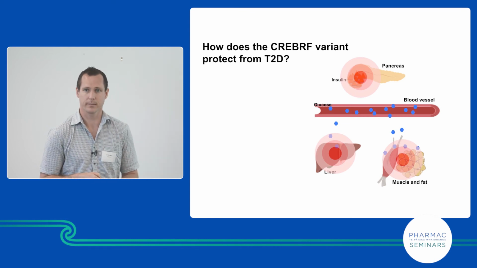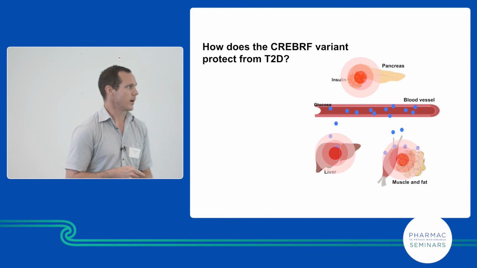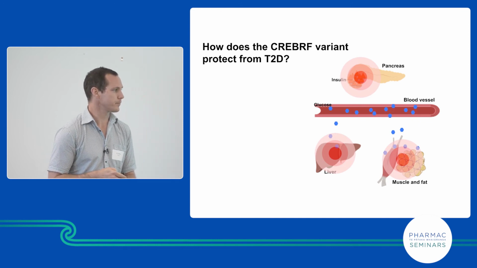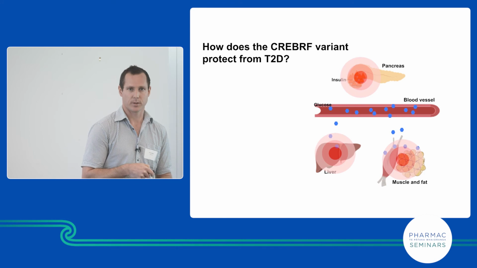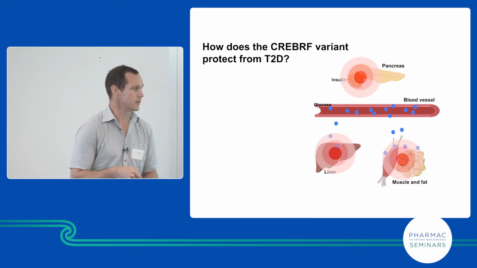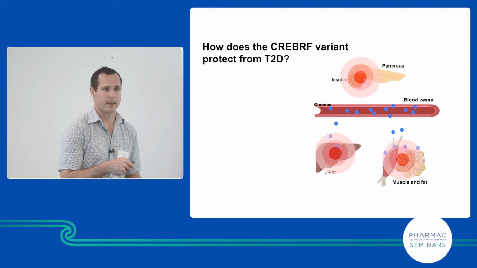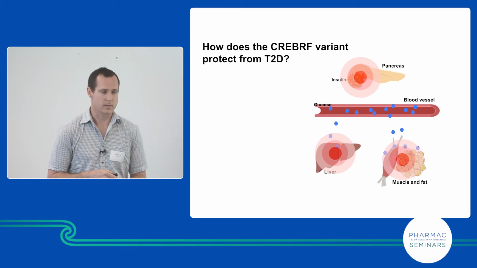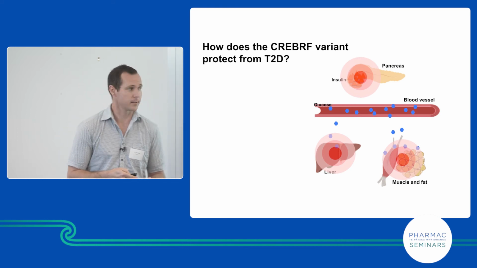Can't get in without the insulin, and it stops glucose being produced from the liver. So under diabetes conditions, we have issues with being unable to stop glucose being produced from the liver, unable to take glucose into the muscle and the fat, and then eventually pancreatic beta cells don't work properly. So these are all aspects that the Crabby variant could be targeting to change disease risk.